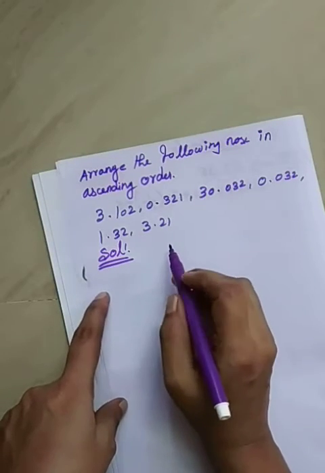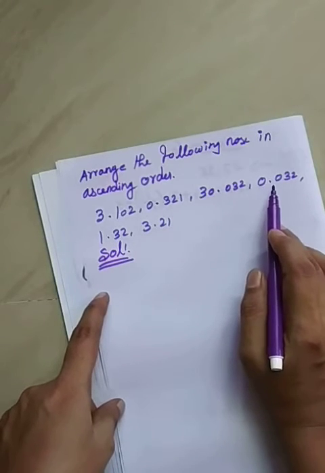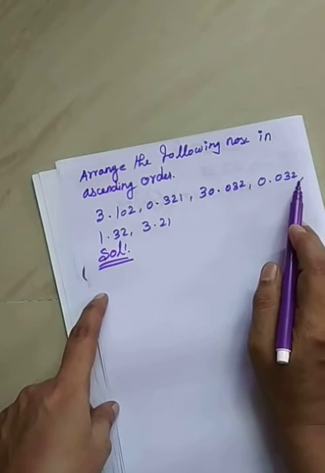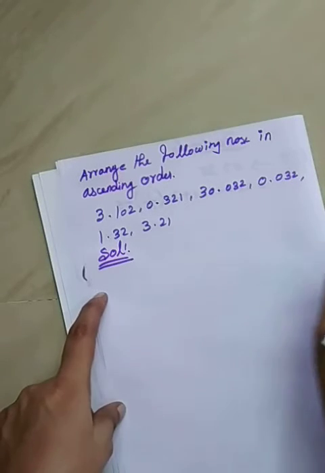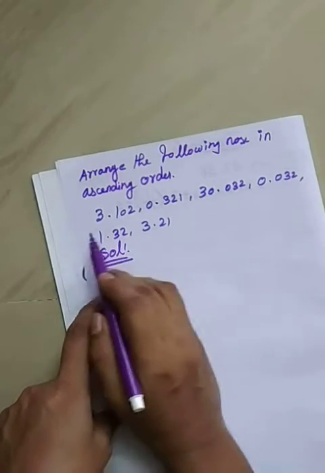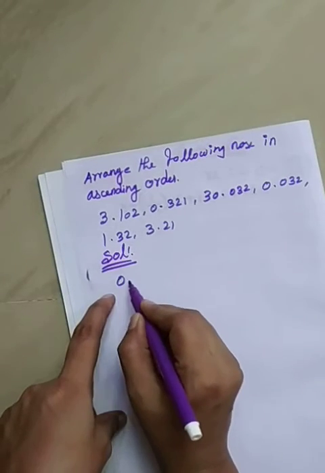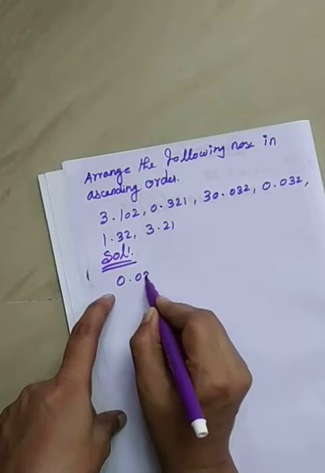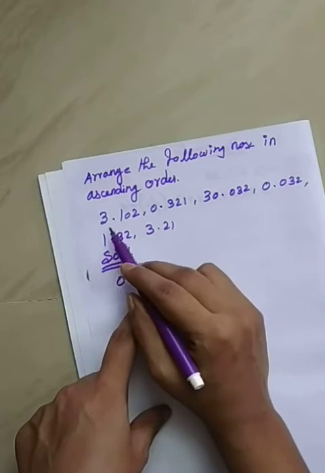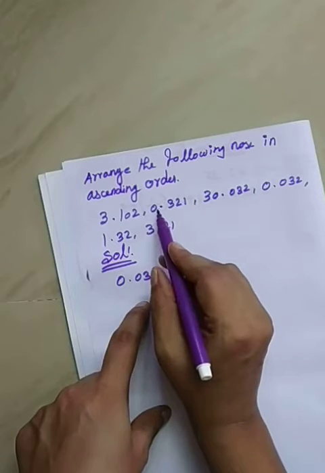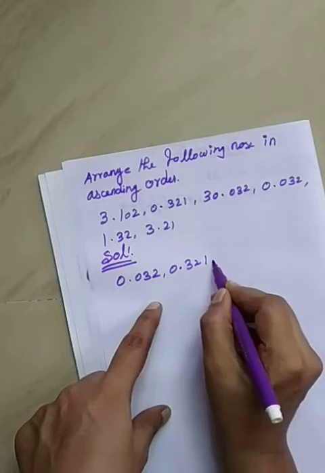Ascending order means smallest number to greatest number. So which one is the smallest number? First you have to write 0.032. What is the next one? Any other 0 point? Yes, here, so you can write 0.321.